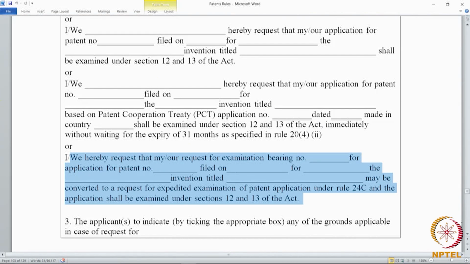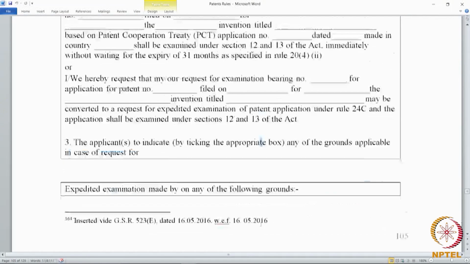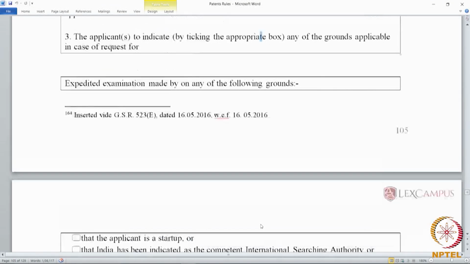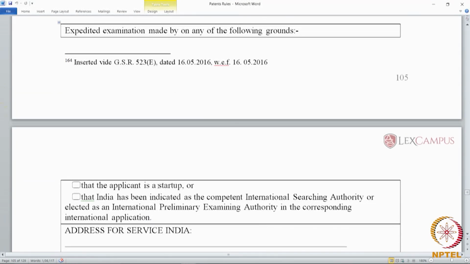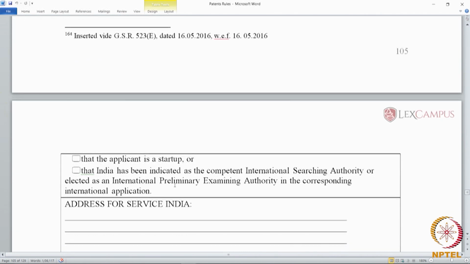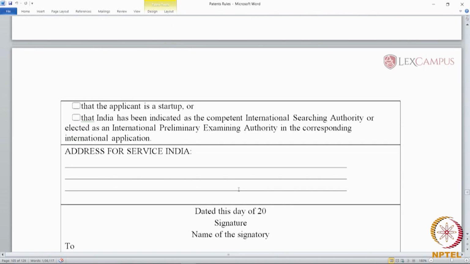So, this form can also be used to convert an existing request. This is mentioned in clause 2, and in clause 3 the applicant will have to show whether it is a startup or whether it has indicated India as the ISA or the IPEA. This has to be filled.